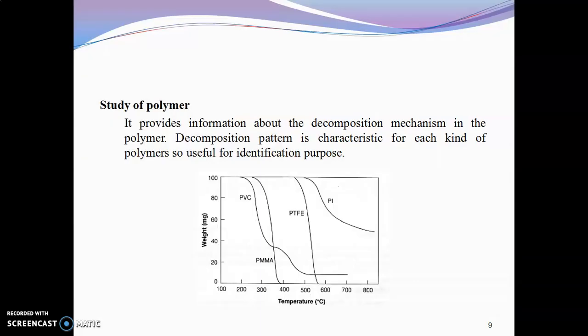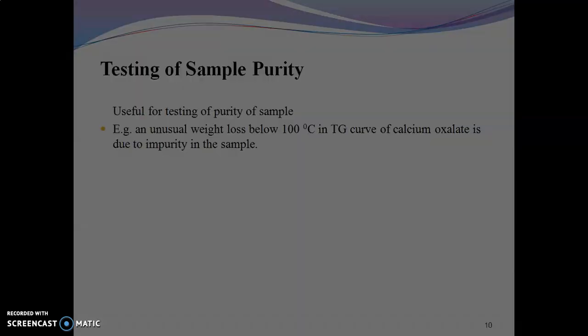So in detail we will see some applications of the thermogravimetric analysis. Suppose for the study of polymer, it provides information about the decomposition mechanism in the polymer. Decomposition pattern is a characteristic of each kind of polymer, so it is useful for identification purposes in the polymer industry.